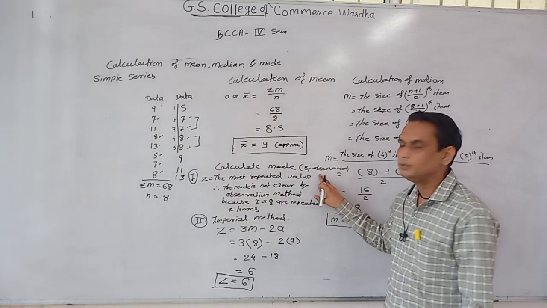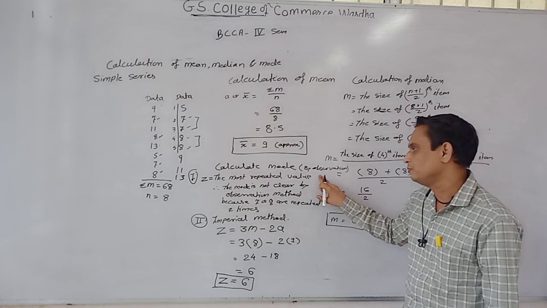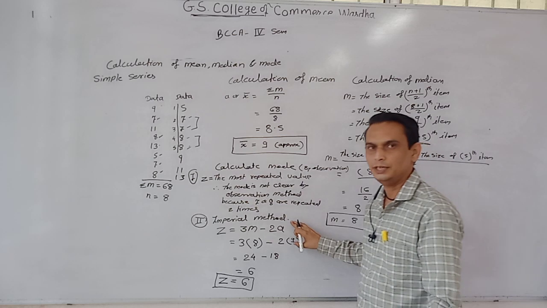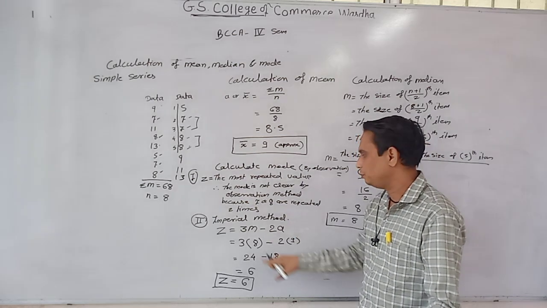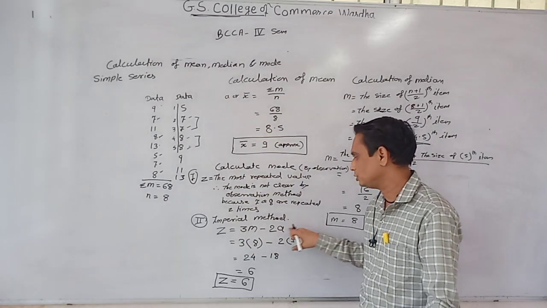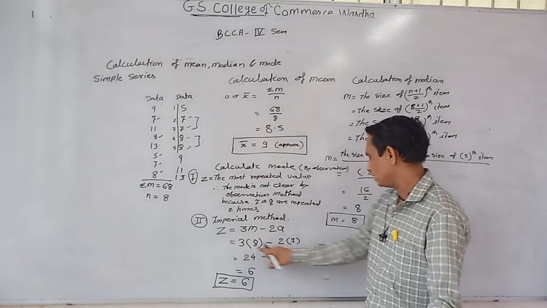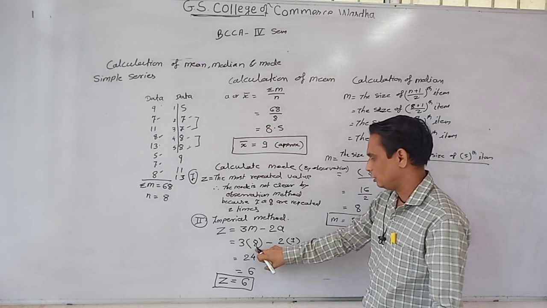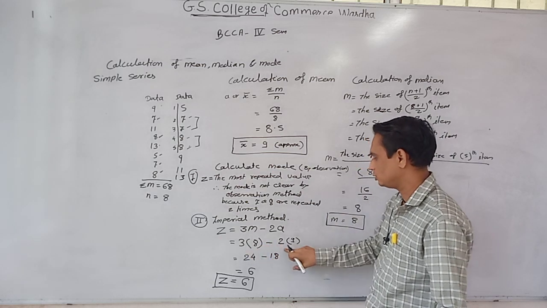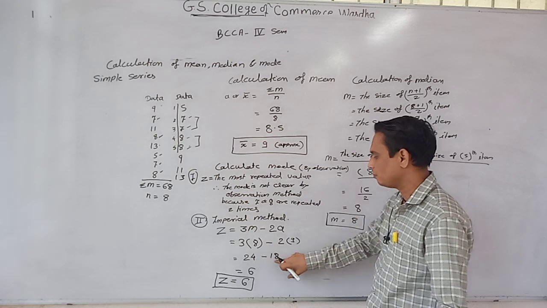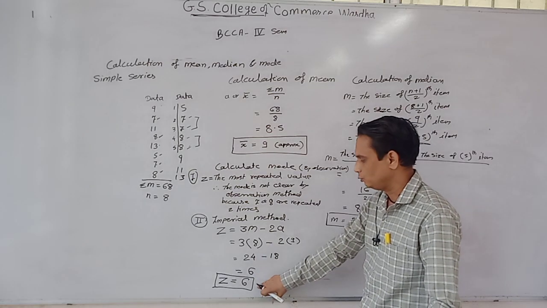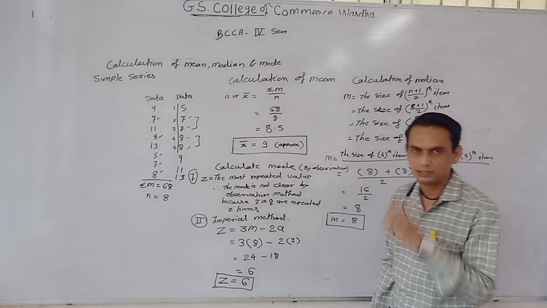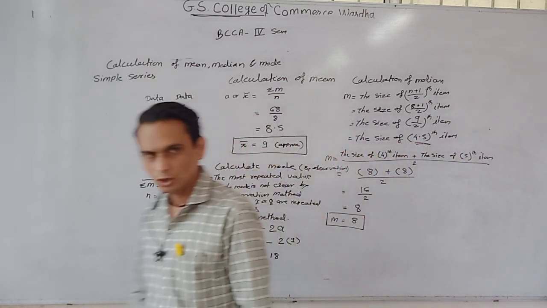When the observation method fails to calculate mode, we use the empirical method. The empirical method is 3M minus 2A, with 8 the median and 9 the mean. So 3 eights are 24 and 2 nines are 18. 24 minus 18 equals 6. So 6 is the mode for this observation or series.